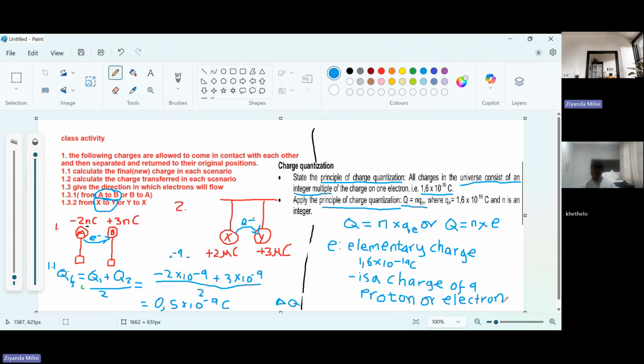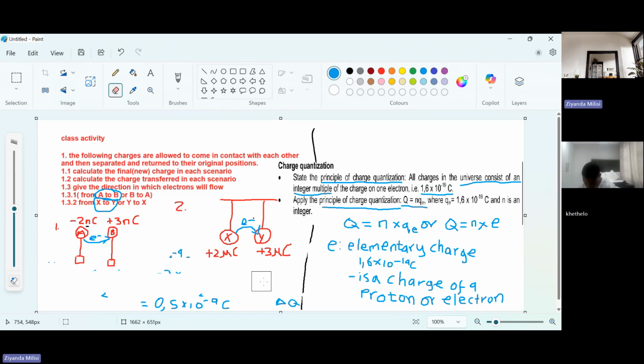All right, so if it's an electron, it's going to be negative 1,6 times 10 to the negative 19. If it's a proton, it's going to be positive 1,6 times 10 to the negative 19. Please keep those numbers in mind.